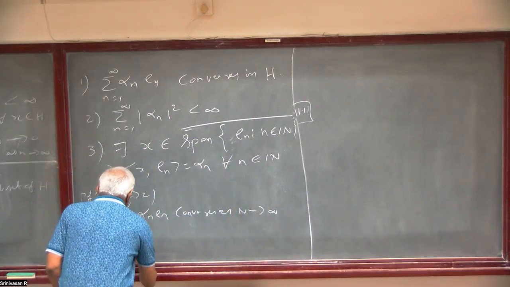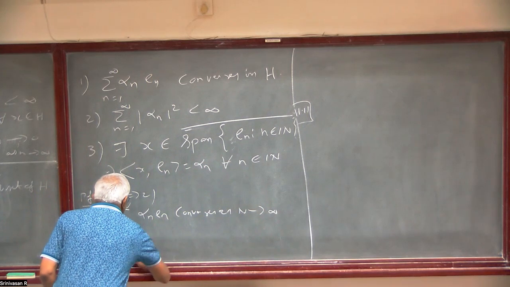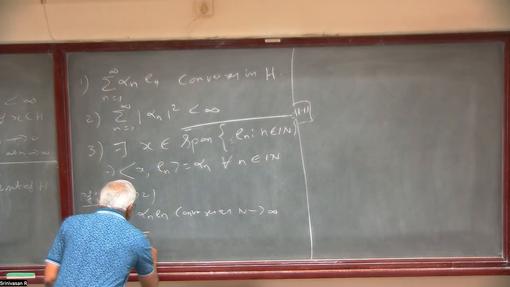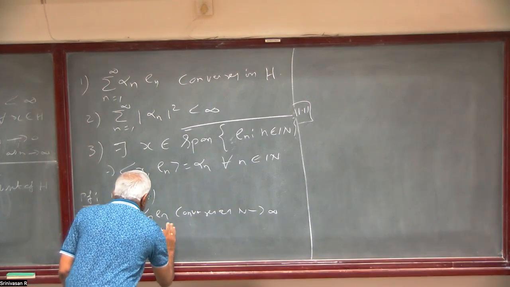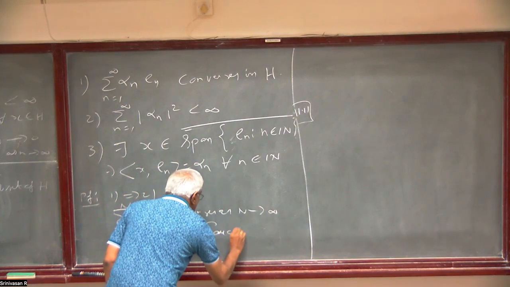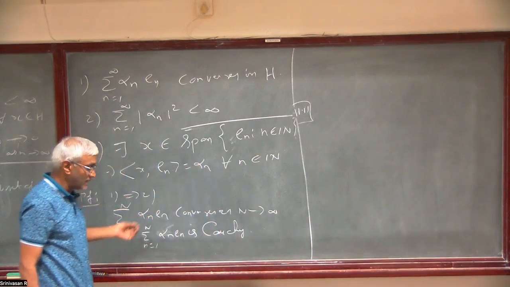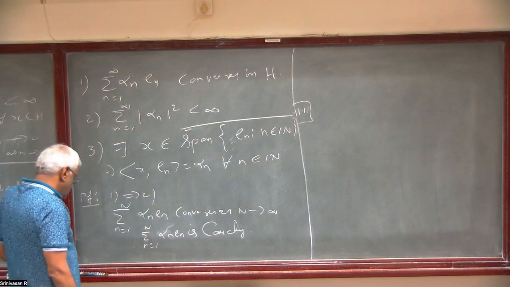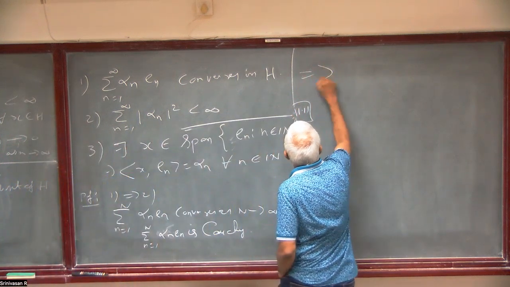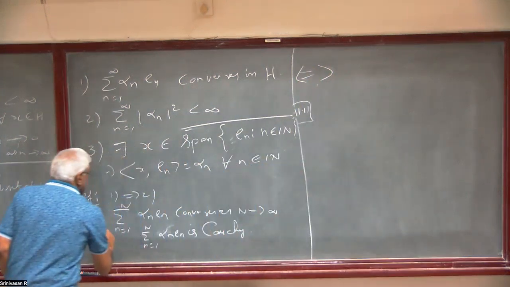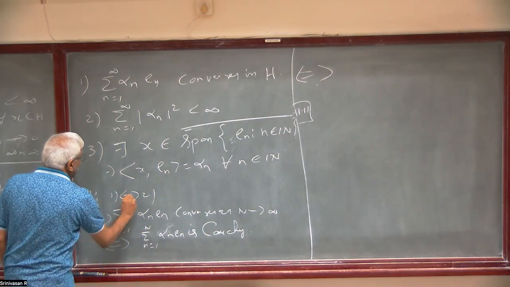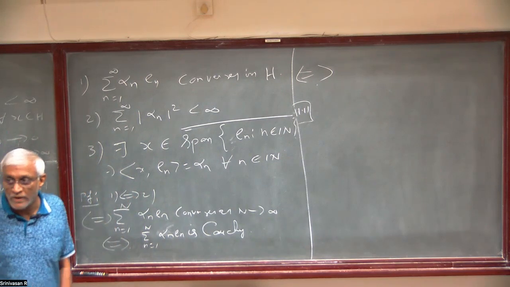This is equivalent to saying this sequence is Cauchy, because we are working with a complete normed linear space. So let us put equivalence. Maybe 1 equivalent to 2. We'll prove 1 equivalent to 2.